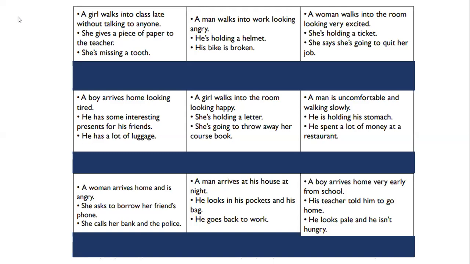A man walks into work looking angry because a dog ruined and crashed his bike. This is the reason that he was angry. Very good. Anyone else before I change the activity?